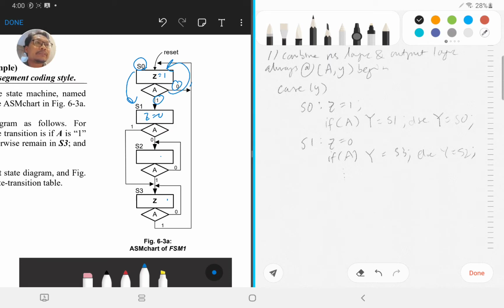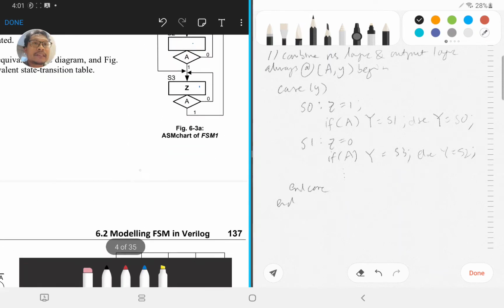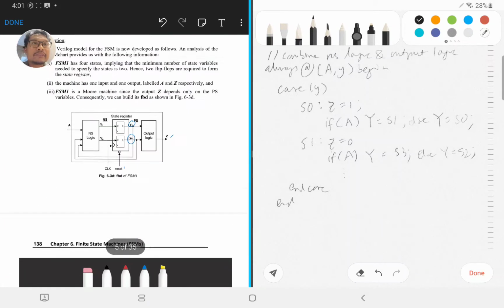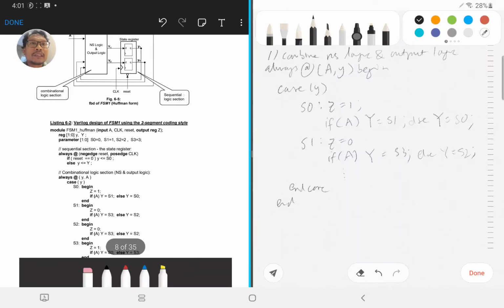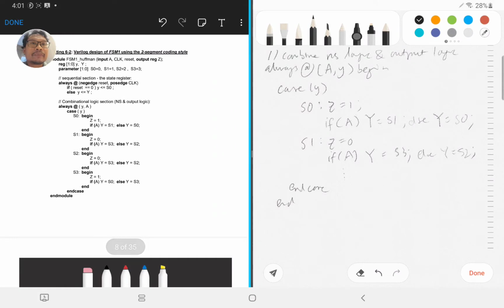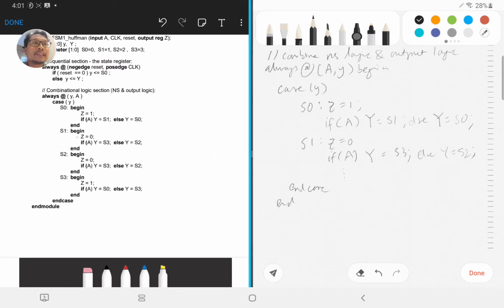You can complete this yourself: what is the output and what is the next state, which is the big Y, based on the present state y. So here end case, and then we end the always block. This is called a 2-segment coding style, and there is an example here that does the 2-segment coding style. Just like what I did there, you set the output Z and then check the A.